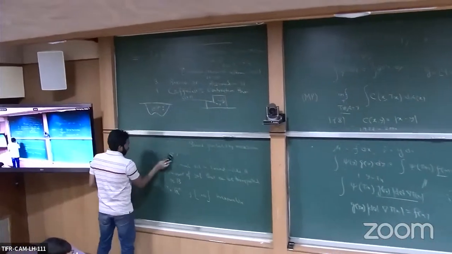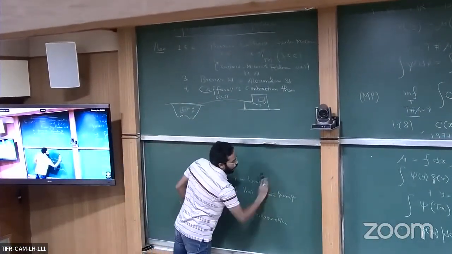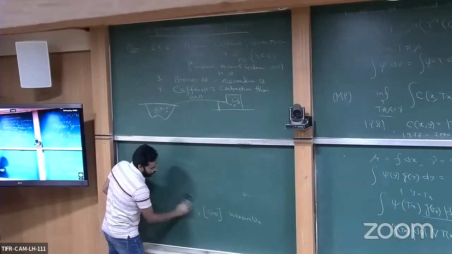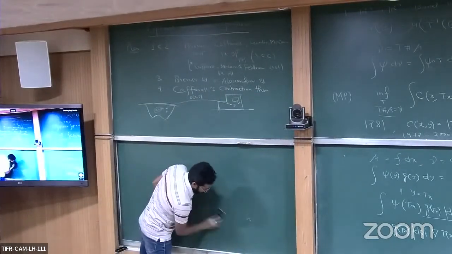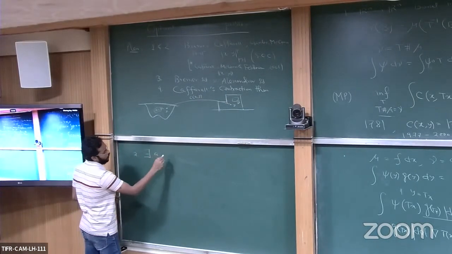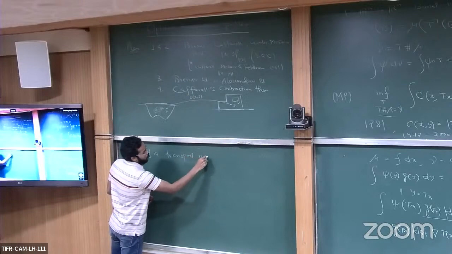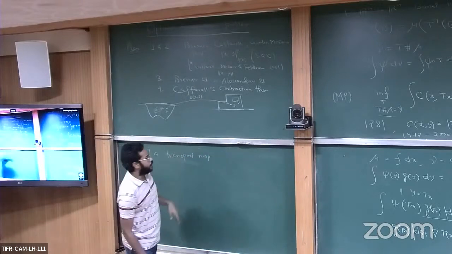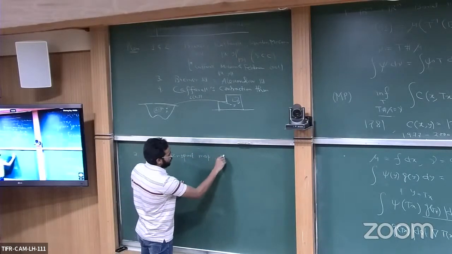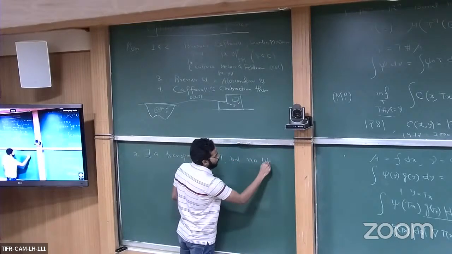The second difficulty is that there might be a map, but there may not be any optimal one. The second difficulty is that there exists a transport map, that means the T we are denoting, but no optimal one.